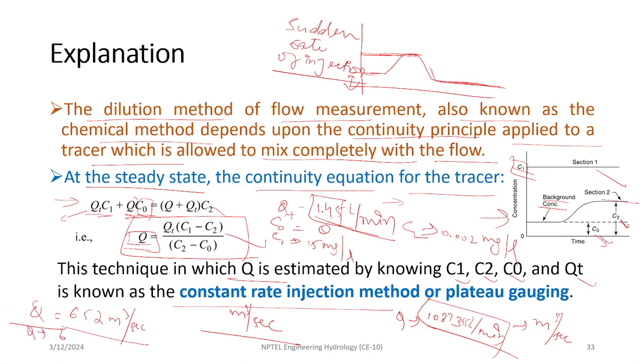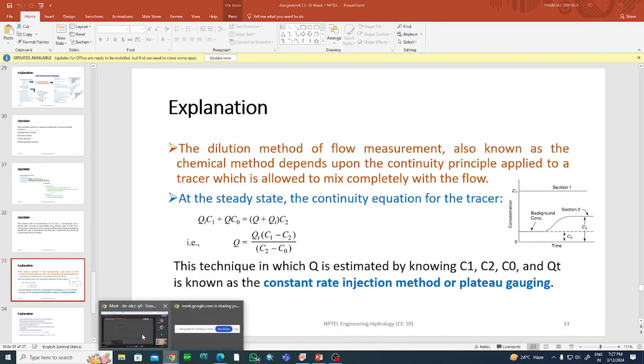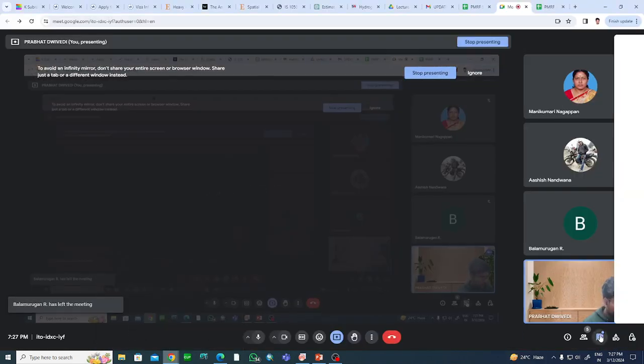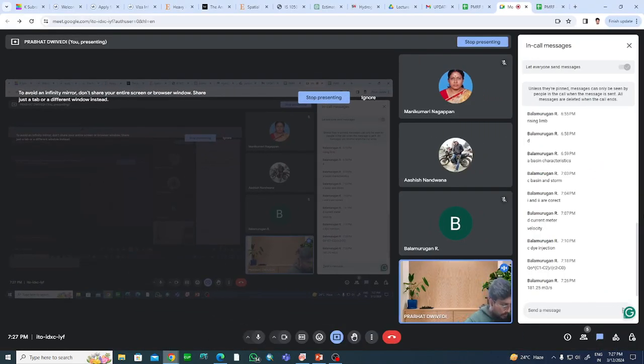Q is 652.41 meter cube per second. Okay, let's wait for Bala Murugan's reply also. Okay, Bala Murugan, you are getting 181.25 meter cube per second. Okay, got it.